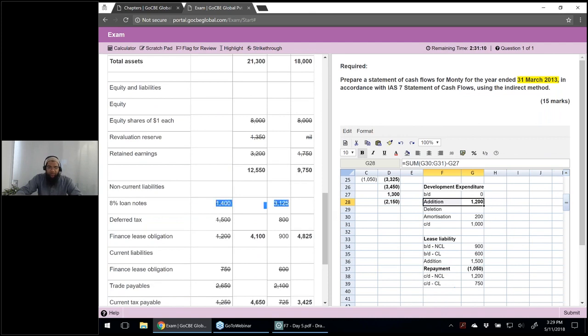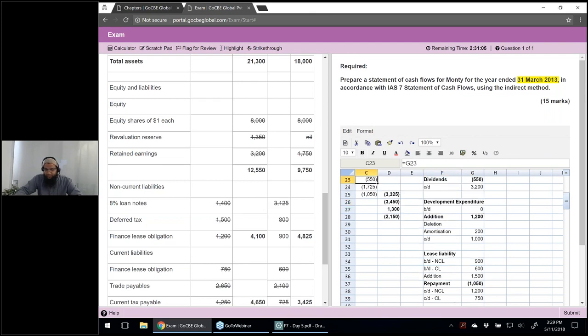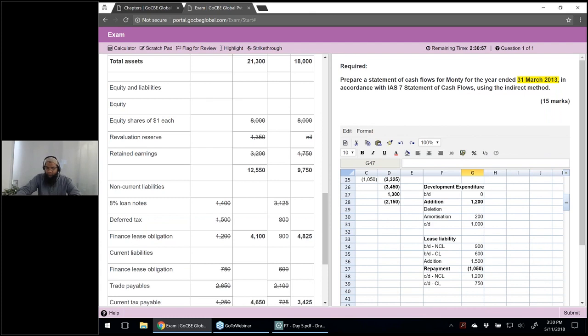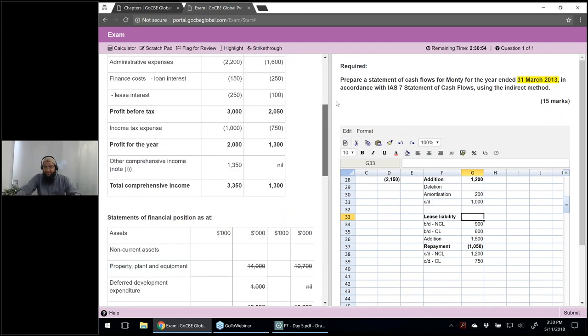Okay, the repayment of loan notes is also a cash outflow. The answer seems to be completely fine.